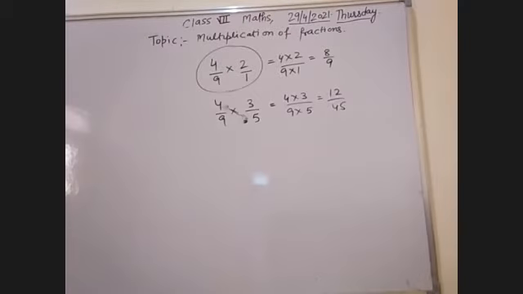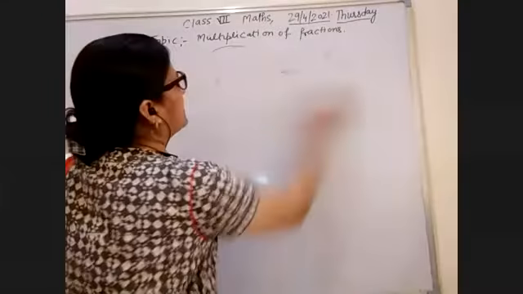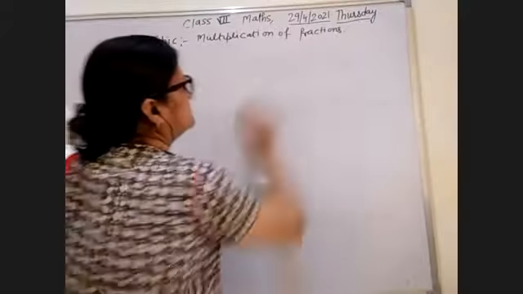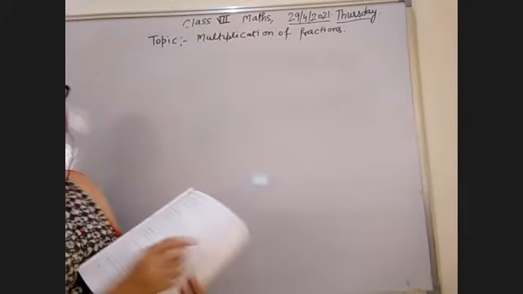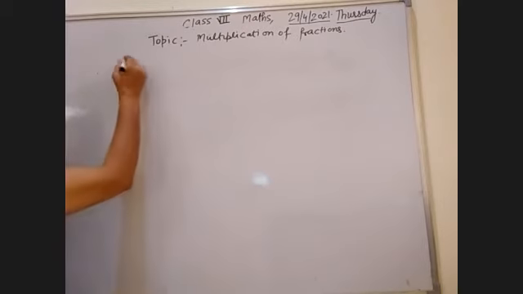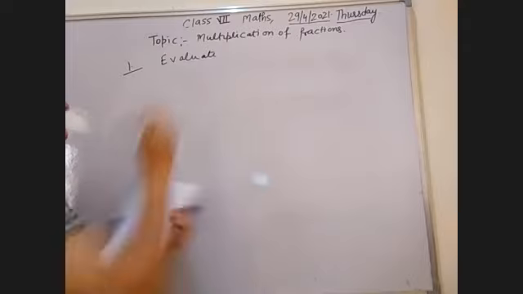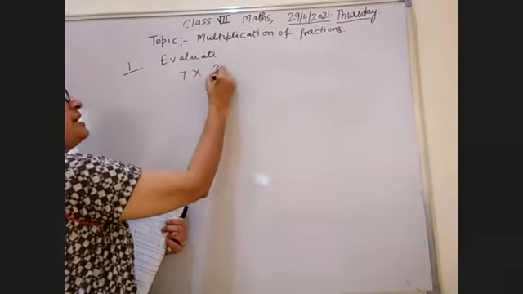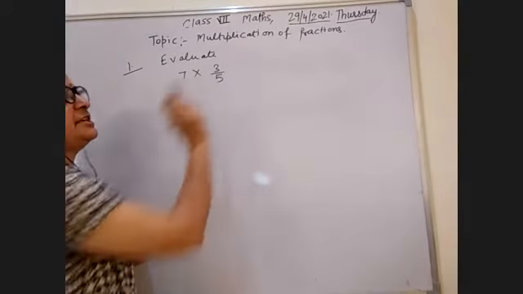Now we will start the exercise. Your exercise is 2.3, and you please note down these questions in your notebook. Your first question is evaluate, you can also say simplify, 7 multiply 3 upon 5. How will you multiply 7 multiply 3 upon 5?